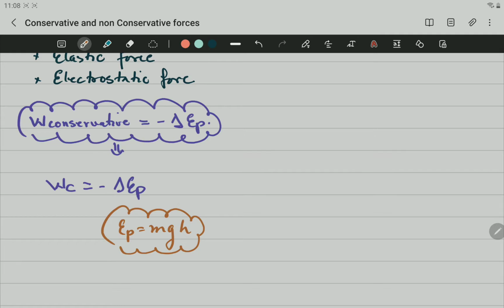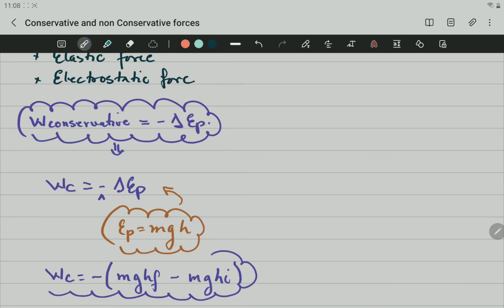So if we substitute this formula there, we have that the work done by the conservative force is equal to minus, bracket, mass, acceleration due to gravity, final height, minus mass, acceleration due to gravity, initial height. This is how to calculate the work done by the conservative forces. This is the way that we are going to use to calculate the work done by the conservative forces.